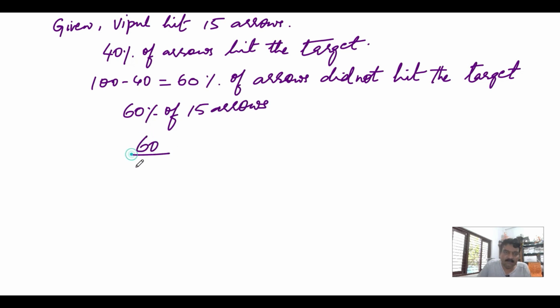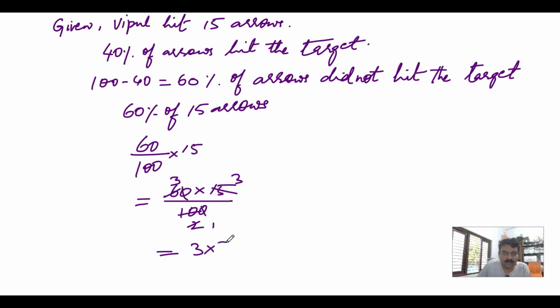That is 60 by 100 of 15 arrows, that is 60 into 15 by 100, right? This 0 gets cancelled. 5 3s are 15, 5 2s are 10, 2 1s are 2, 2 3s are 6, that is 3 into 3, 3 3s are 9.